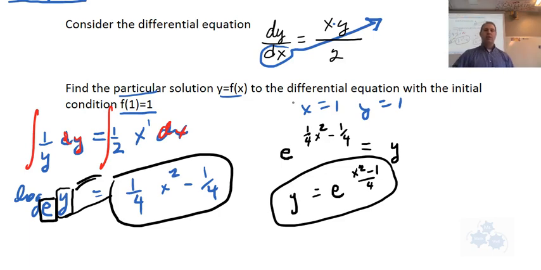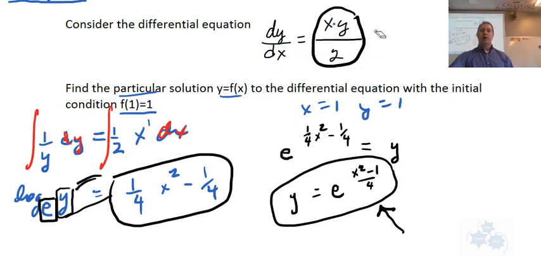But anyways, that is the answer to this question. Okay, and if you took the derivative of this, you should end up with this as the derivative, what you're given. Because remember, this is just the antiderivative, y, or the integral. And it's the particular antiderivative for this derivative.